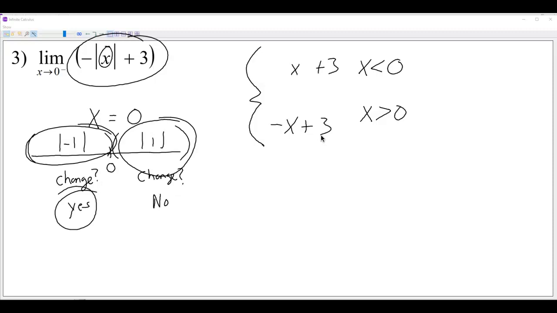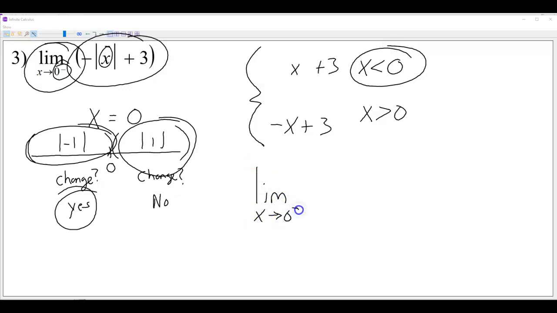Now I want to find the limit of this thing as x approaches 0 from the left. If I'm approaching 0 from the left, that means I'm using this one. So the limit as x approaches 0 from the left of the negative absolute value of x plus 3 is going to be equal to the limit as x approaches 0 from the left of this top piece.